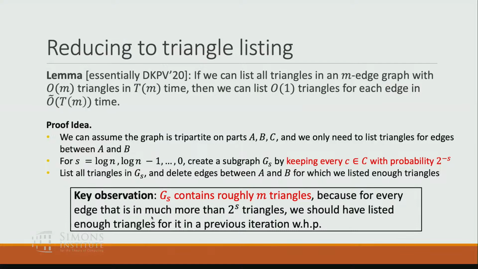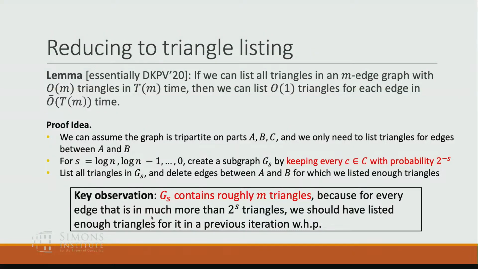In the previous iteration, we keep every vertex with probability 1 over 2 times 2^s. So for each triangle that edge AB is in, we keep the third vertex C with probability 1 over 2 times 2^s.